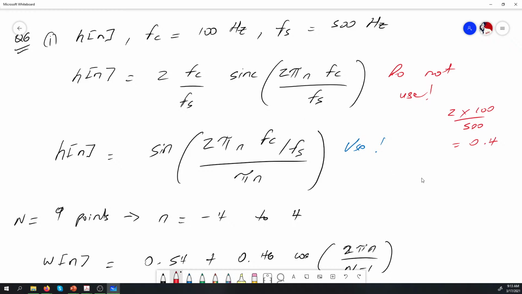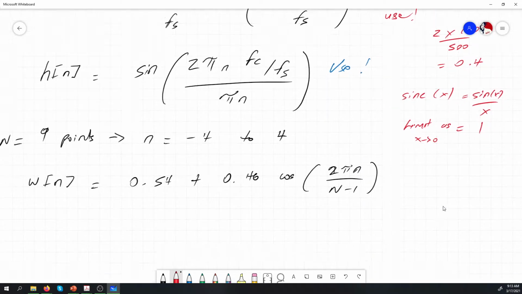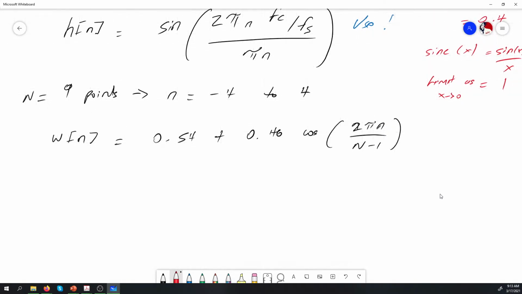Basically, sinc of x being sine of x divided by x, if we evaluate the limit as x tends to 0, this just goes to 1. So we're going to need this 0.4 here to do our evaluation.